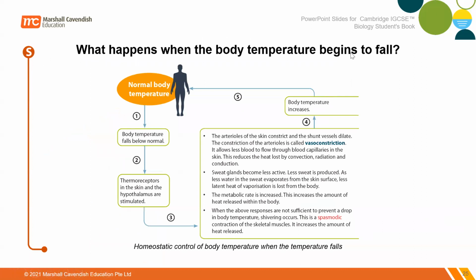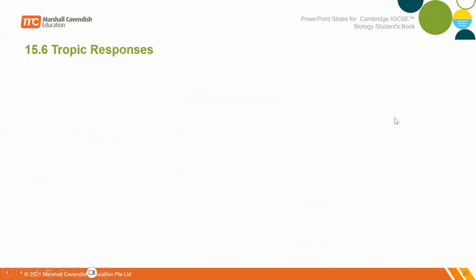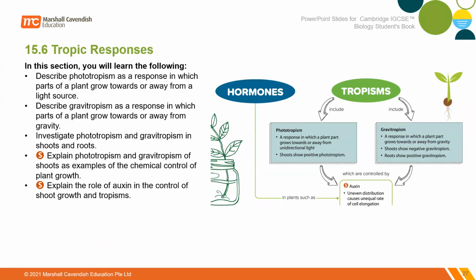This is the opposite, kids, of the mechanism if I have low temperature, when the temperature is below normal. You can read it from the presentation; this is exactly the opposite.